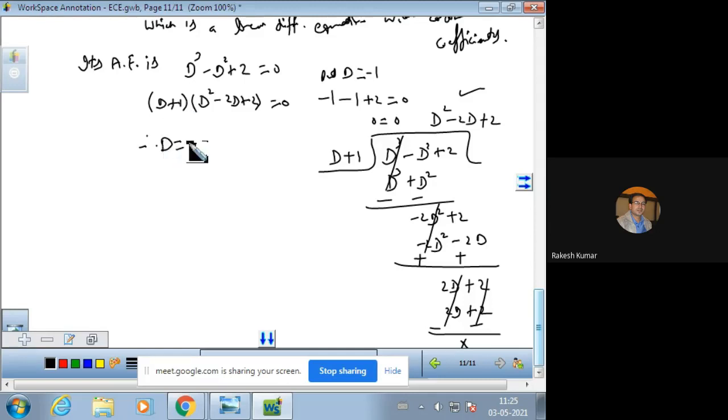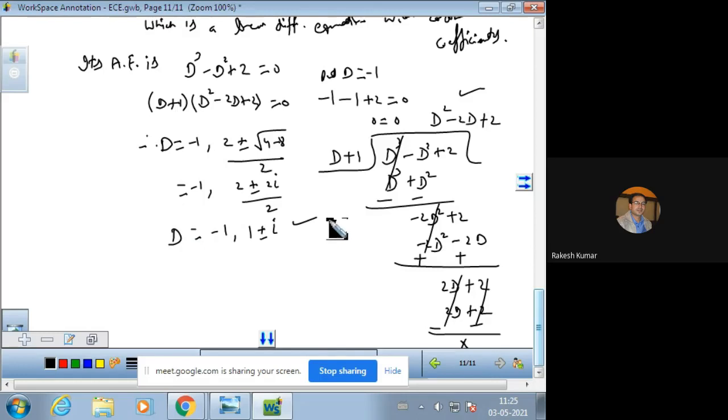The first root will be D equal to minus 1 from here, and the other roots will be obtained by using this quadratic equation, by discriminant method. So it comes out to be minus 1, and 2 plus minus 2 iota upon 2. So the roots are minus 1, 1 plus minus iota. These are the roots of the auxiliary equation.